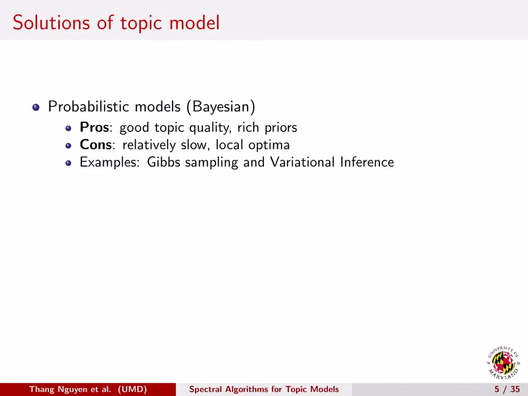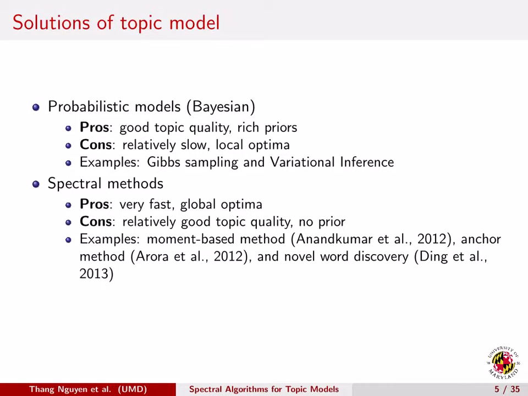Now, most of the time, at least today, when you think of topic modeling, you think of probabilistic Bayesian approaches. And these work relatively well, but sometimes they get stuck in local optima, and they don't always scale well to very large data sets. Recently, a class of new algorithms have come out that are very fast and can provably reach global optima, but they don't always find the best topics.